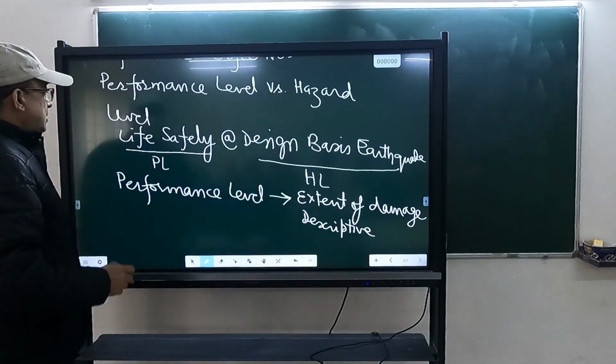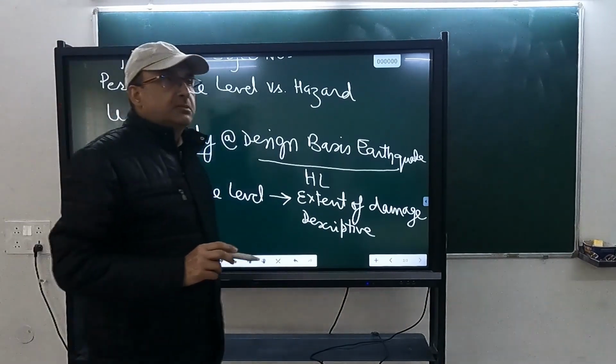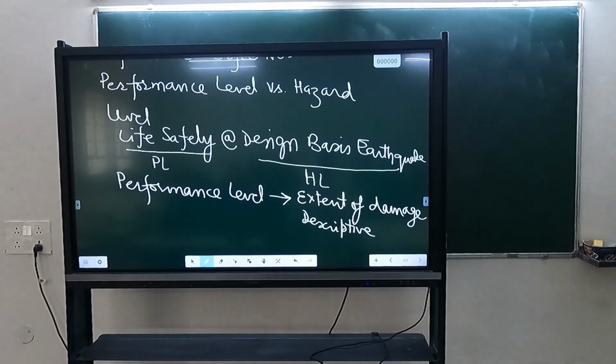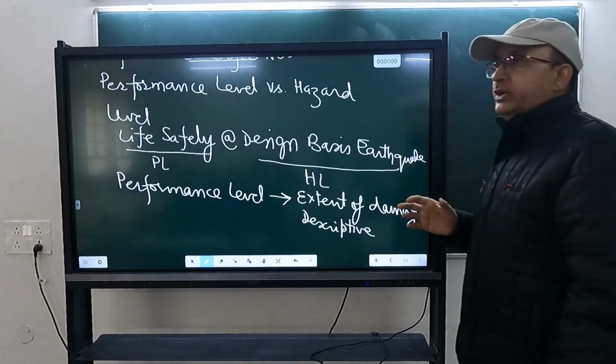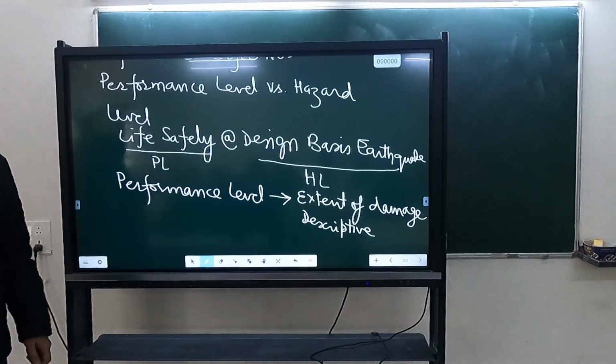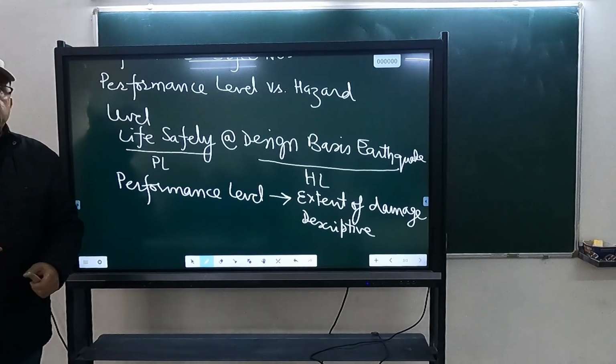The client will understand the description. The infill should not fall, infill should not crack, the beam should not fall down, column should not crack, or if those are cracking, the crack should be limited to an extent that it is not causing any life-threatening injury. So that type of description you can do.